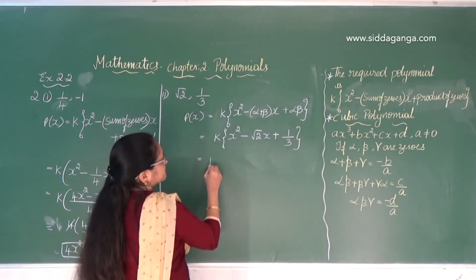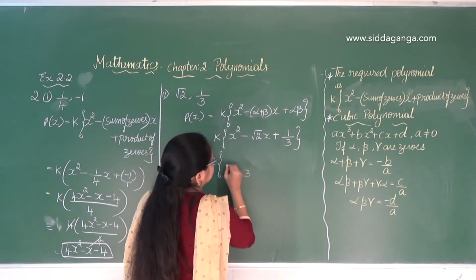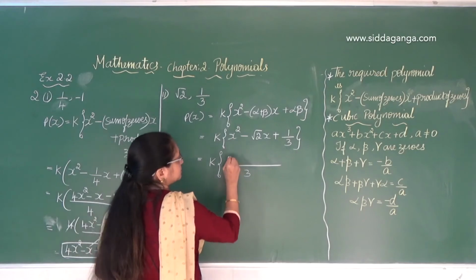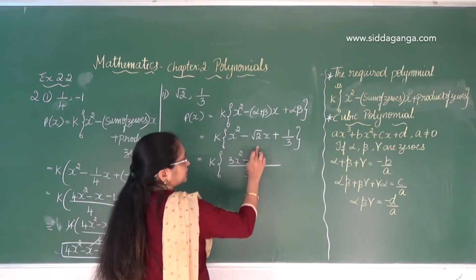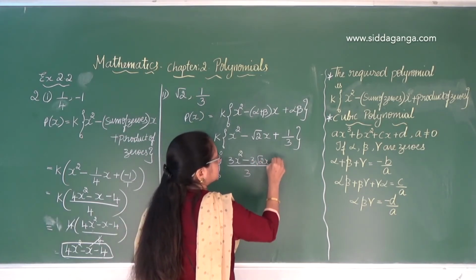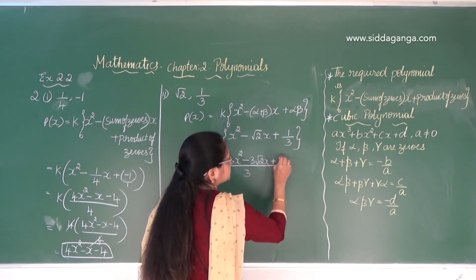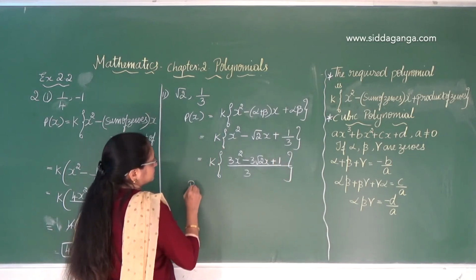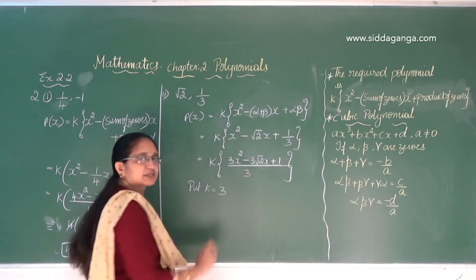Now see here, I will take 3 as the LCM. Now this one will become 3x square minus, here 1 is the denominator, so 3 root 2 x plus, here 3 ones are 1. Now put k is equal to 3 so that this will get cancelled.